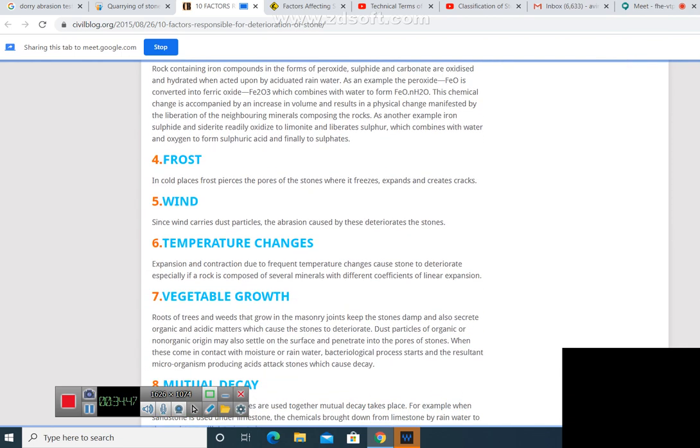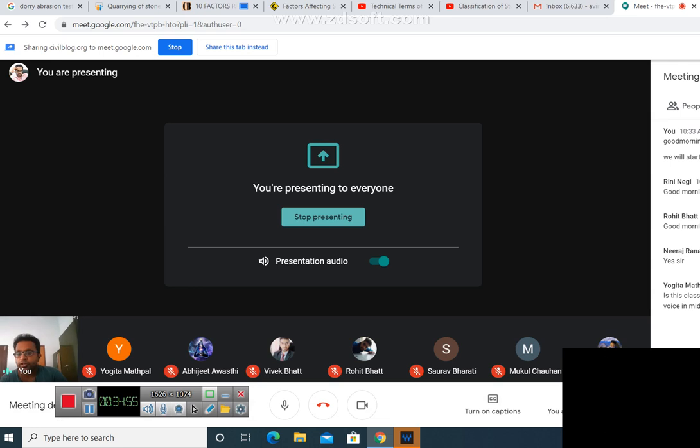Another important factor is frost. I have already explained frost action. Do you know what frost action is? In some cases, the rock will have fissures or pores in the surface.